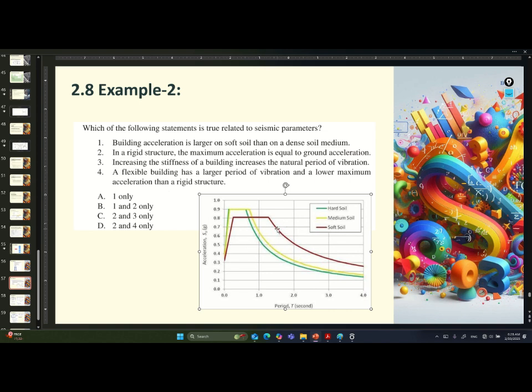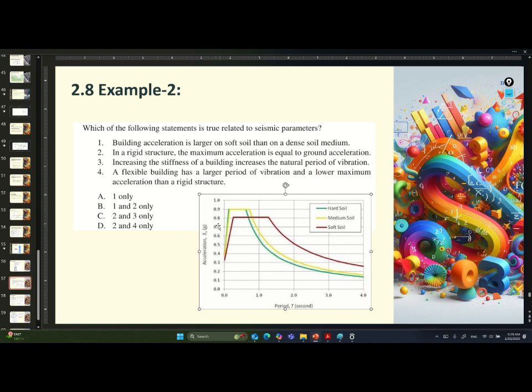So to understand the response spectrum for each type of site class, I have the same seismic force and the same time period for the building, but my site class or type of soil is very different. If I have the same parameters regarding the building, however the site class is hard soil, the response spectrum will act like this. It will be shifted.